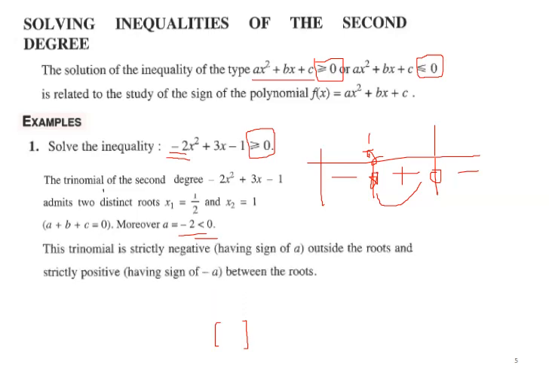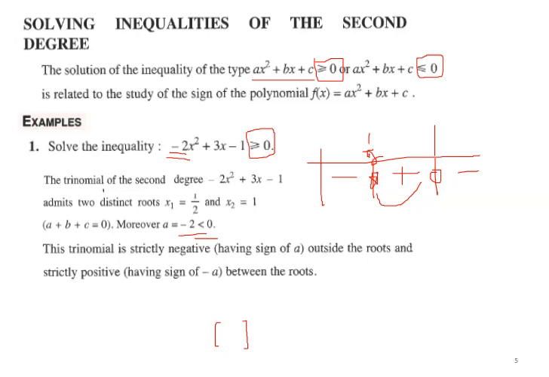Now, if you do the table, I'm going to sketch the table. Here we have half first, and 1. Both of them are roots, and a is what? A is negative, don't forget. Inside the root, opposite sign of a, so we're going to get plus, and outside the root, it's negative.